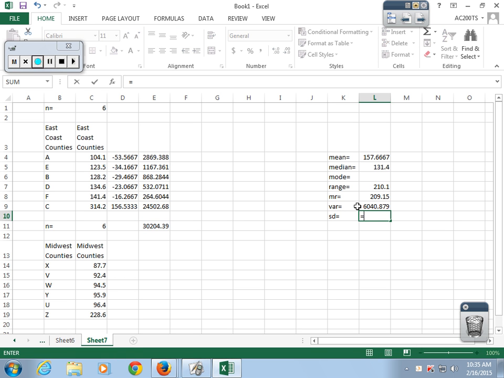And the standard deviation is this raised to the 0.5 power. That should be your information there.